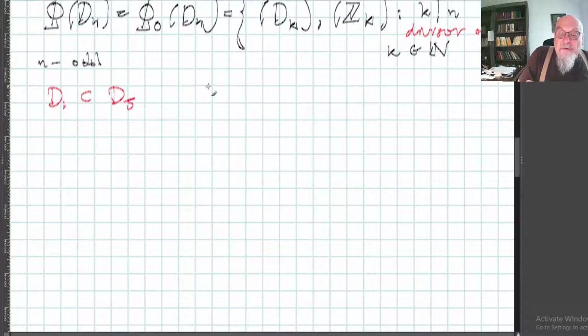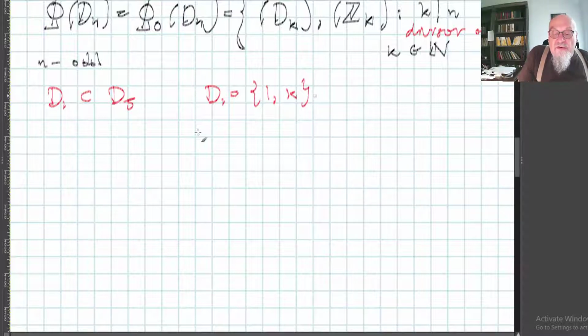So D1 in our case will be simply 1 and kappa. So you would ask how many elements are in the conjugacy class of that group. It's very easy. You just take this conjugacy class and compute it.